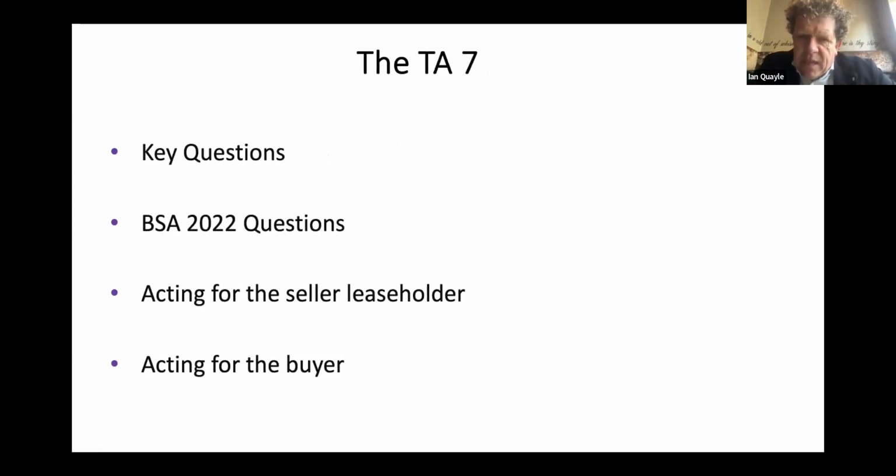The next thing to understand is the TA7 form, which has now been revised and which is now in general circulation in connection with leasehold transactions. Section 11 of the TA7 now includes questions of the leaseholder concerning remediation work and other issues with regard to the Building Safety Act.